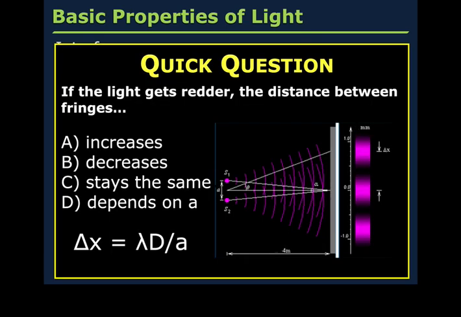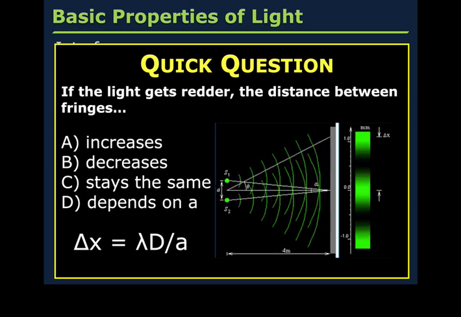So if the light gets redder, if the wavelength gets longer, the distance between the fringes now is going to what? If we don't change the separation between the slits, if we don't change anything else, if we just make the light redder, the distance between the fringes will what? Increase, decrease, stay the same, or the answer depends on how far away the two slits are. So think about it, and then we'll animate and see what happens.